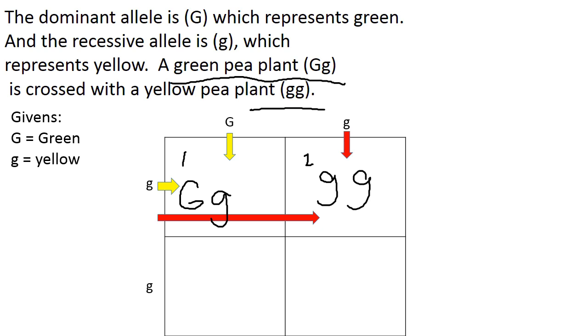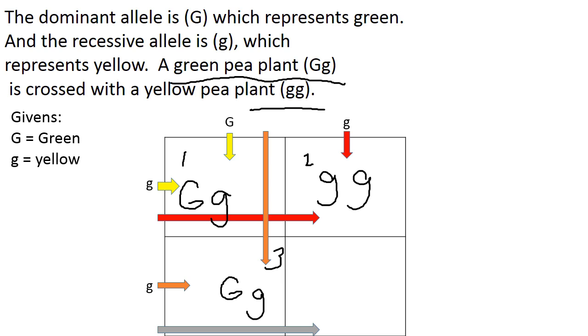Next, we're going to go down to the lower left, and we'll represent that as number 3. And we're going to bring across the lowercase g, and then bring down the uppercase G. And I always want to put the uppercase first and lowercase second if I have an uppercase letter.